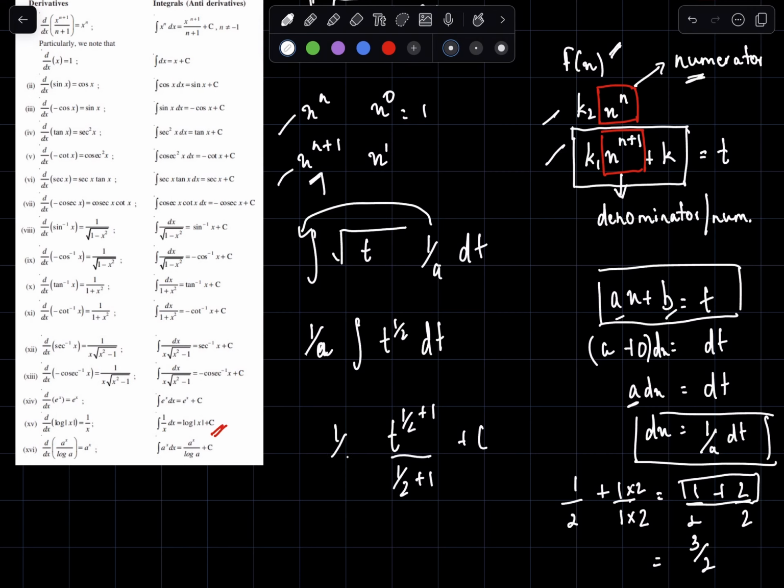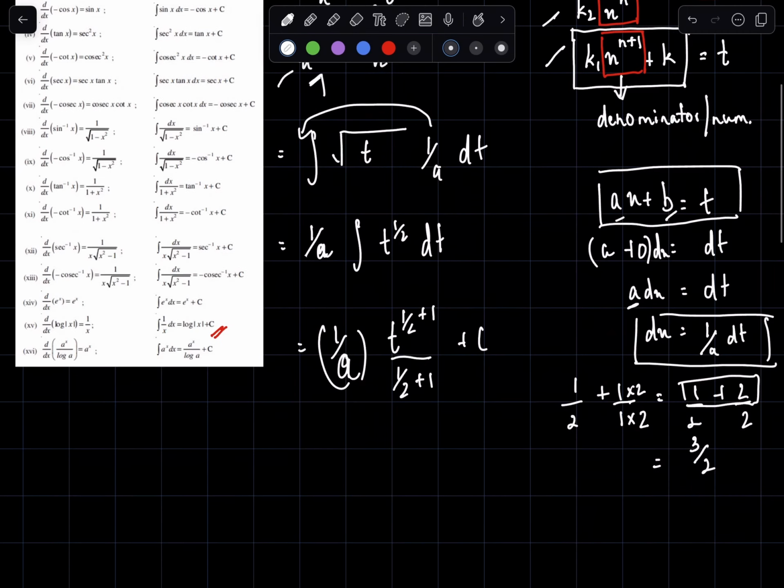So this is equal to 1 by a times t to the power 3 by 2 divided by 3 by 2, plus c. This is correct.